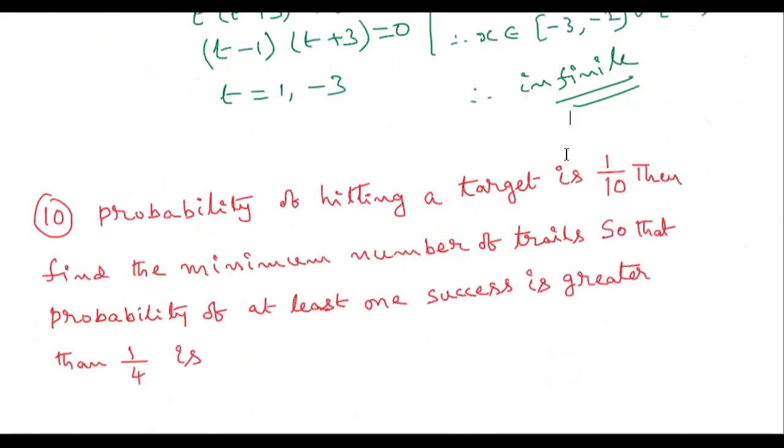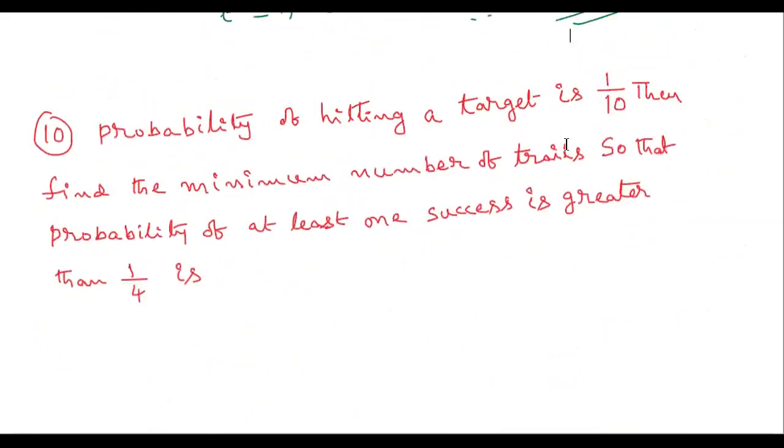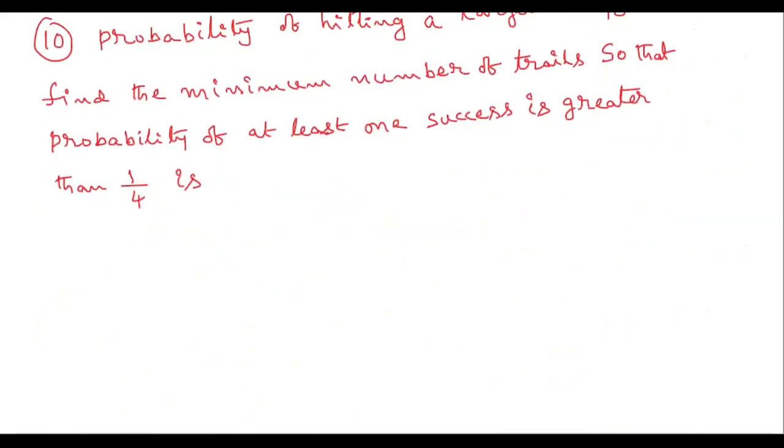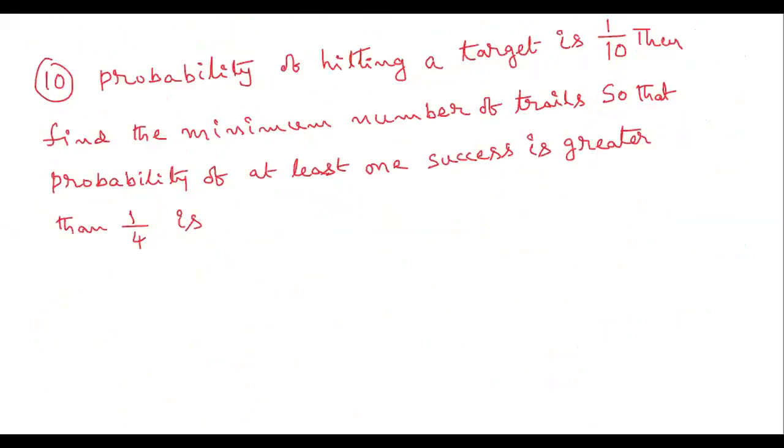Next, I am going to another question. Say this probability related problem. Now, the probability of hitting a target is 1 by 10. Probability of hitting a target, that means success, P is equal to 1 by 10. Then what about failure? Q is equal to 9 by 10.